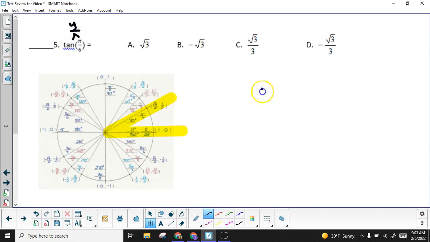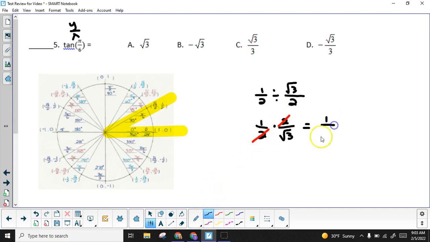So our y value is 1/2 over our x value of root 3 over 2. Now, I'm hoping you've done this enough that you remember the shortcut, but let's work through this math. We're dividing fractions, so we're going to keep this one, change this one, and flip this to its reciprocal. Instead of root 3 over 2, it's 2 over root 3. Now, when we do this, the 2 is exactly the same in numerator and denominator, so it can cancel out.